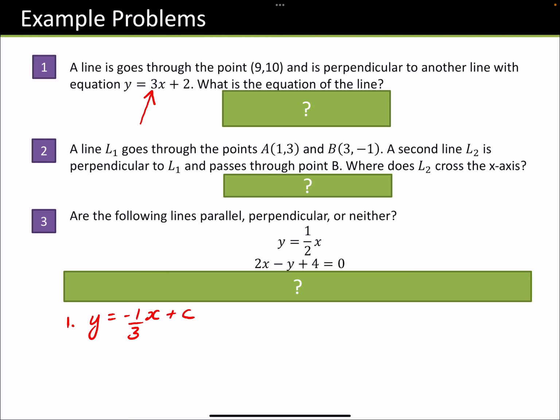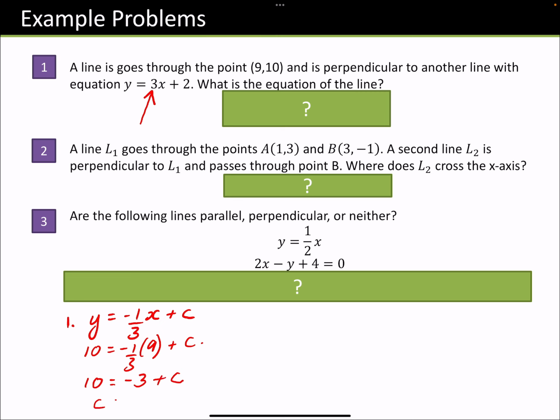Okay? Now, in order to work out that something, that y-intercept, I'm going to use this point up here. I know the line passes through 9, 10, and therefore 9, 10 must satisfy this equation. So the y-coordinate is 10, the x-coordinate is 9, okay? So 9 times minus a third gives me minus 3 plus c.